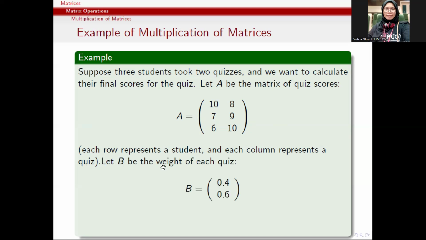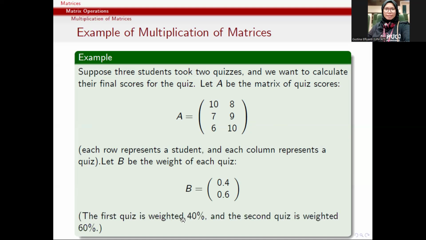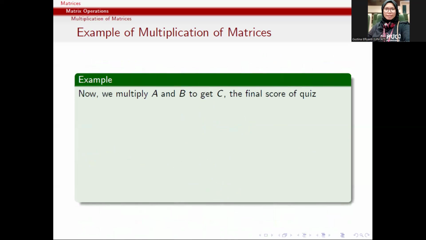Now let B be the weight of the quizzes. It means that the first quiz is weighted 40% and the second quiz is weighted 60%. Now we multiply A and B to get C, the final score of the quiz.